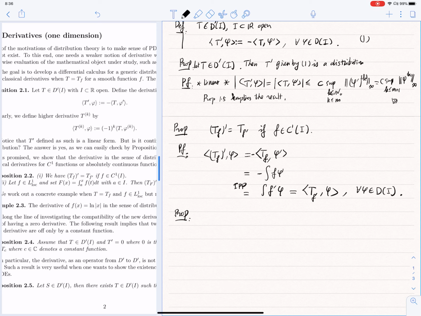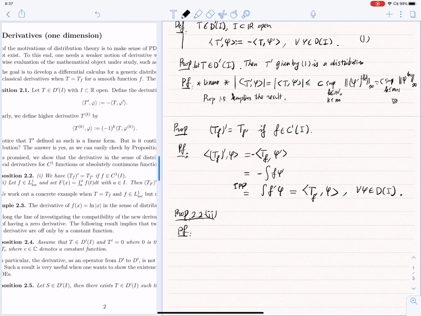If we take the derivative in the sense of distribution of the distribution associated with capital F, we obtain f. So this is compatible with the classical derivative for absolutely continuous functions. Now, how are we going to prove that?